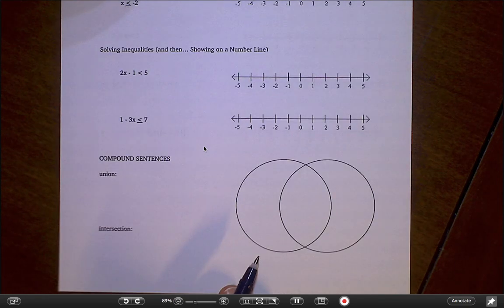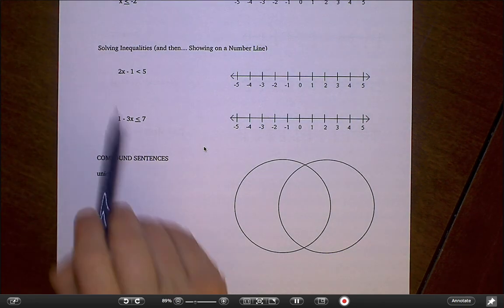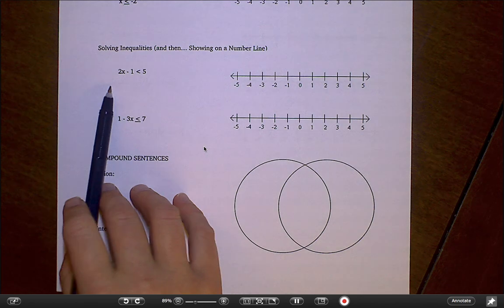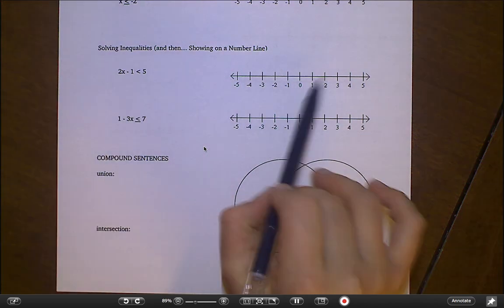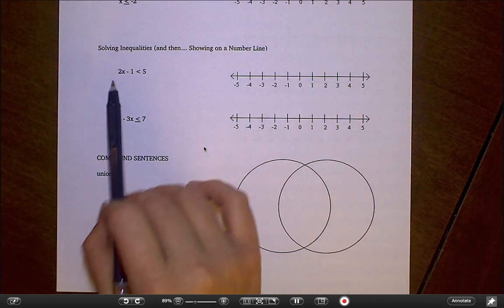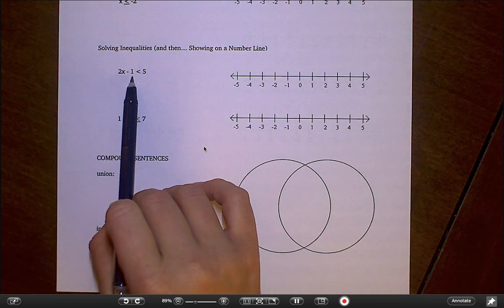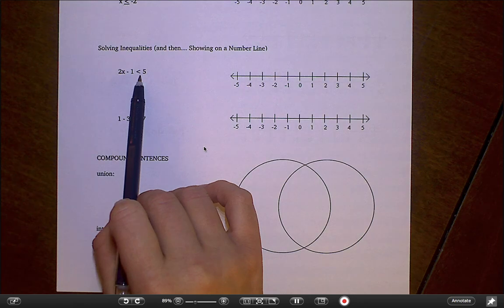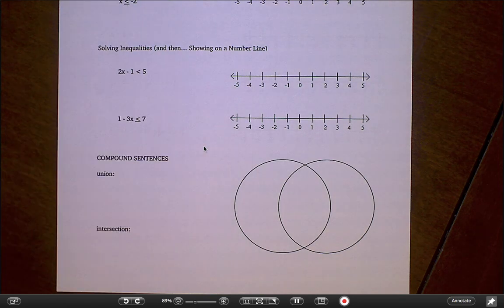Okay, so let's talk about some more complicated ones. These are ones that are set up almost like equations, and we have to solve them before we put the solution over here. So if I want to shade everywhere on the number line where this statement is true, I need to boil this down to just a statement about x, like the ones we had up above. So I'm going to solve this just like an equation.